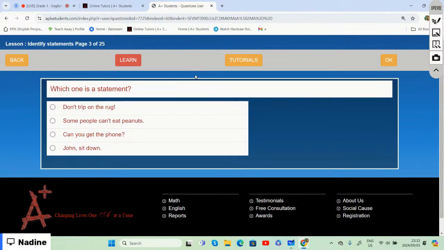With a statement, it says, don't trip on the rug, or option two, some people can't eat peanuts. Option three, can you get the phone?